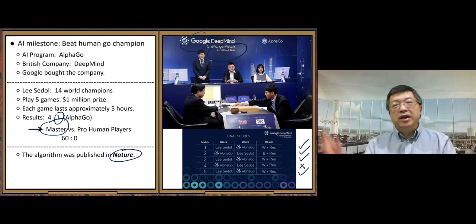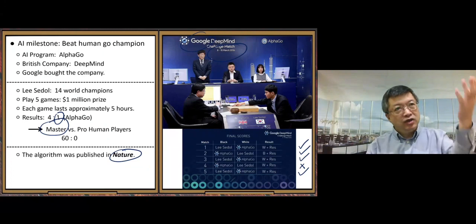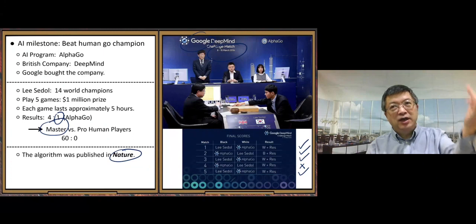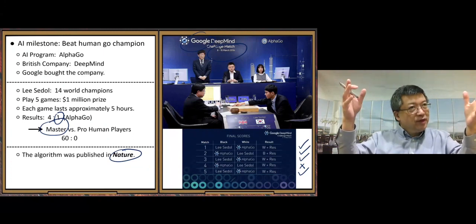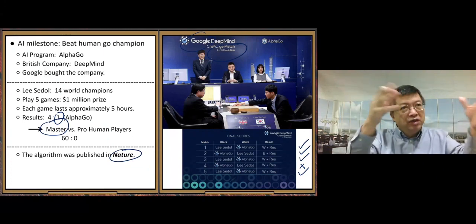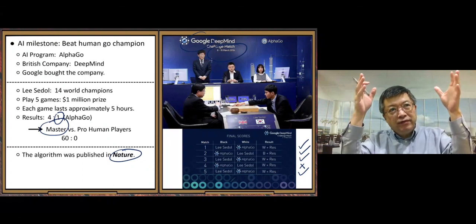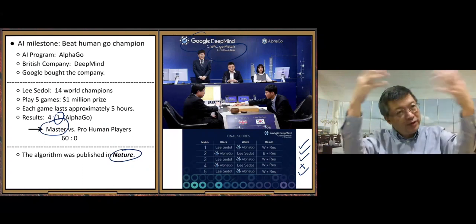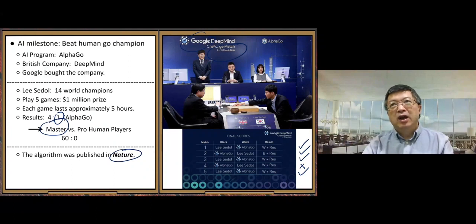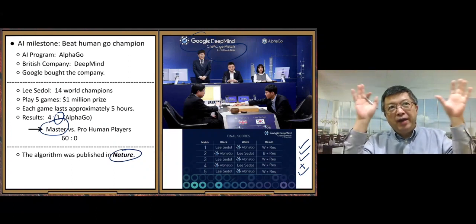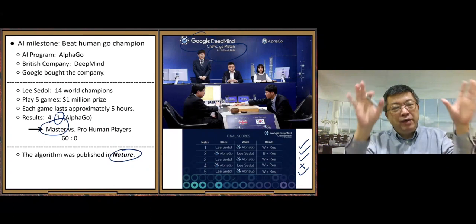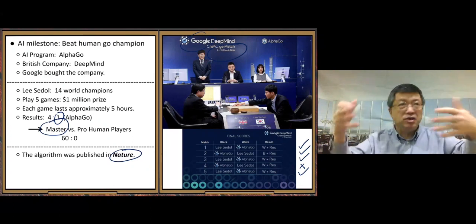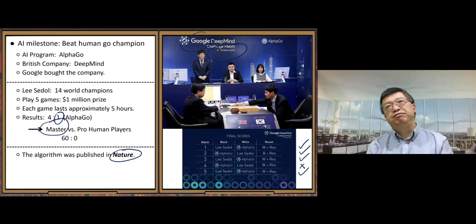After that, many countries, China, South Korea, Japan, each had several teams implement the algorithms. Although they modified them and put in their own ideas, all three countries produced very powerful AI programs that could beat human champions easily after that.